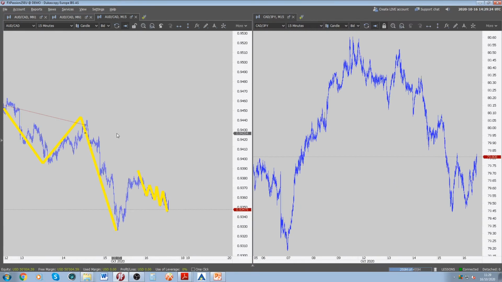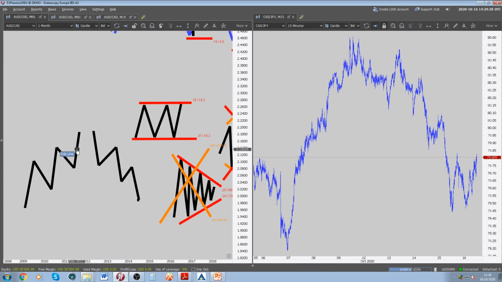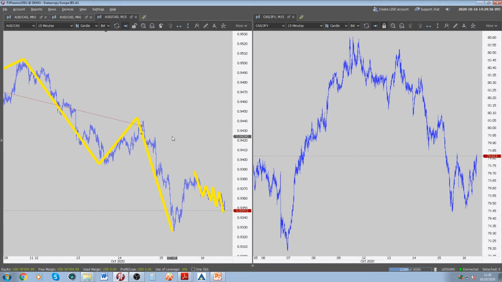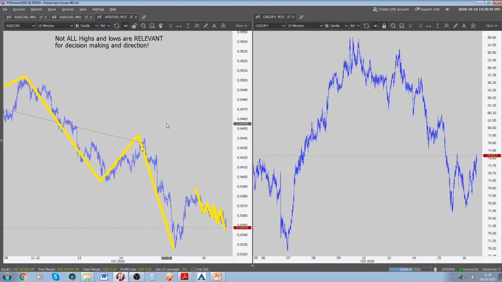And this is a spatial skill. It's easy, this one, right? Now it's easy to identify uptrend, downtrend, sideways movement. Now it's a different story, isn't it? Right? Just remember, not all highs and lows are relevant for decision making and direction.